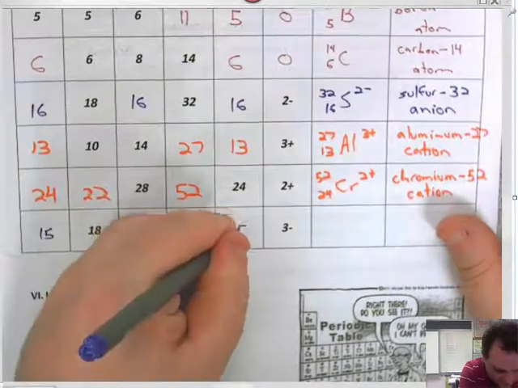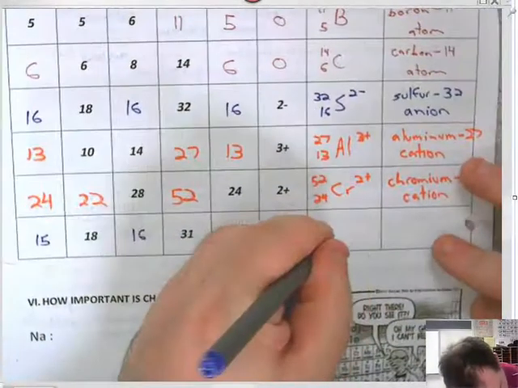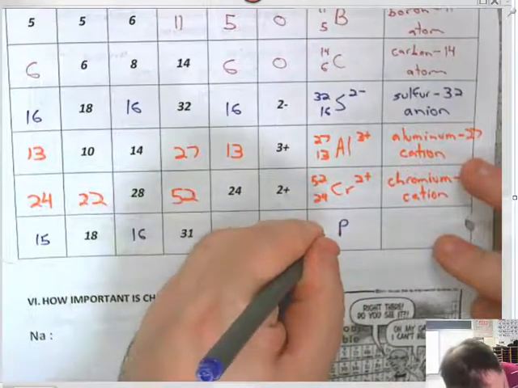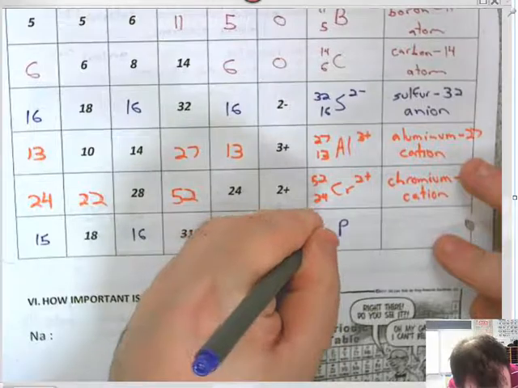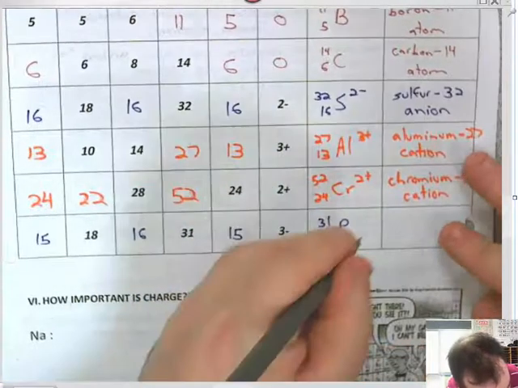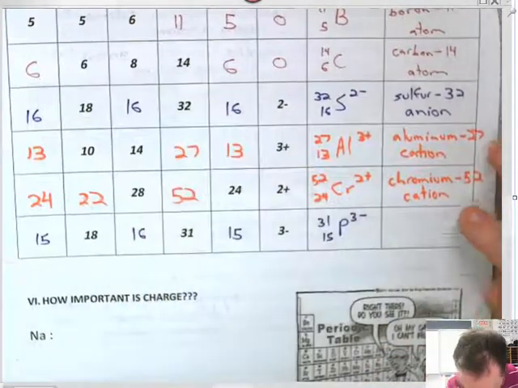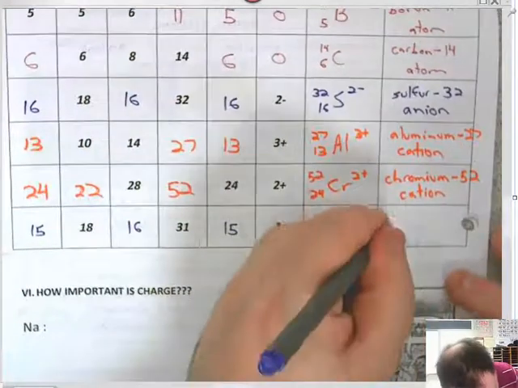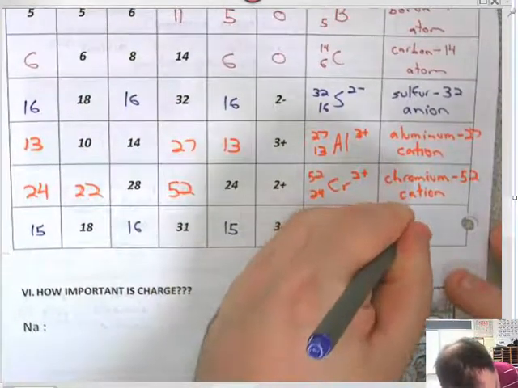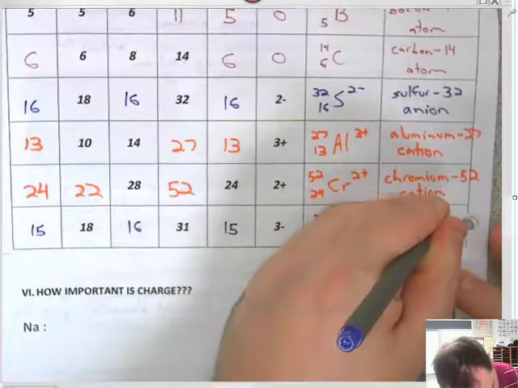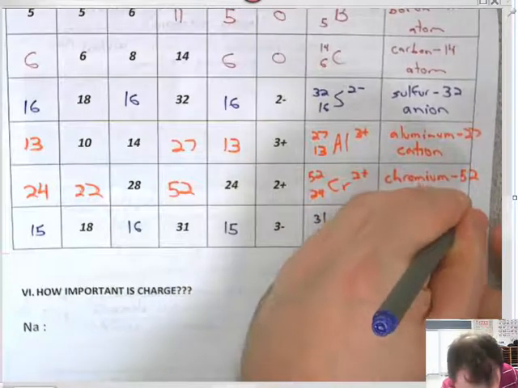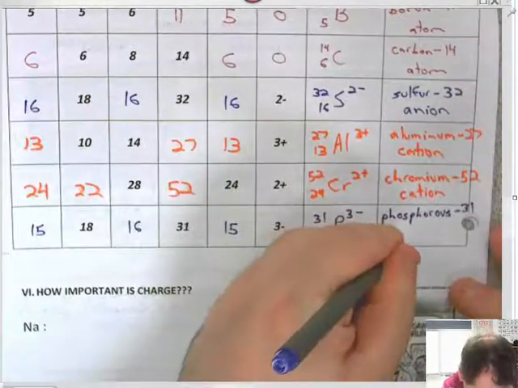And then 15 here. So this is phosphorus. 15 and 31. There's red phosphorus and white phosphorus for your common information there. Negative 3 charge. Phosphorus-31. It is an anion.